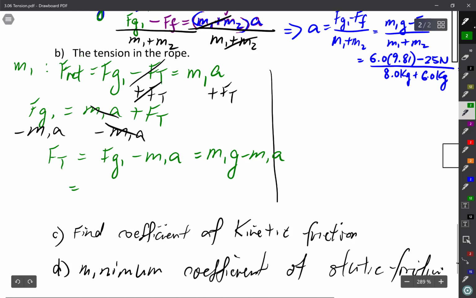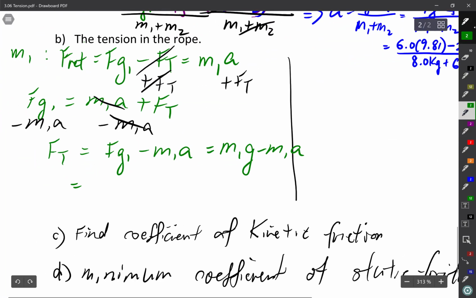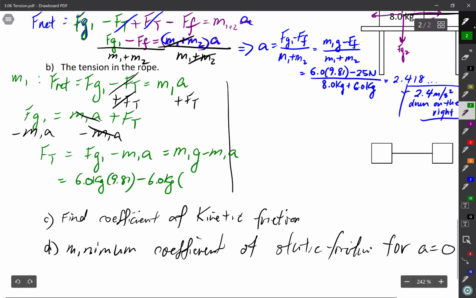M1 is, I believe, 6 kilograms. 6 kilograms times 9.81 meters per second squared minus 6 kilograms times our acceleration in our problem that we found from A, 2.4.